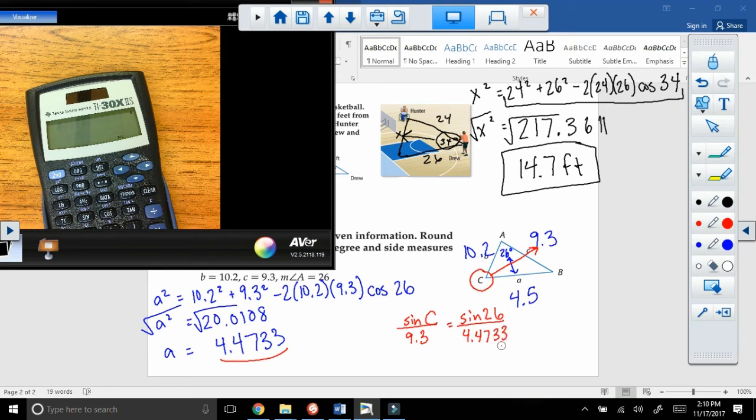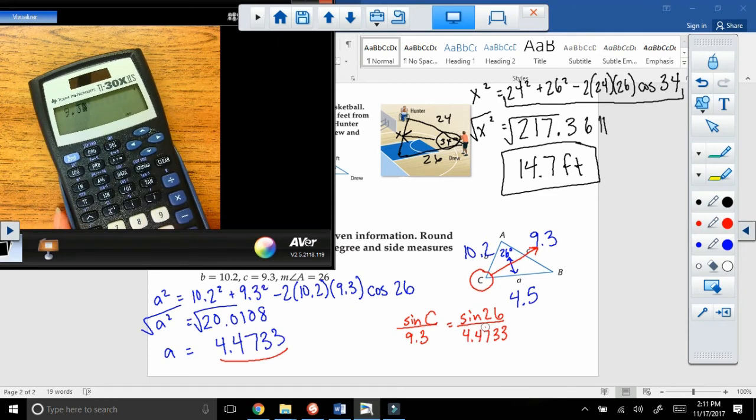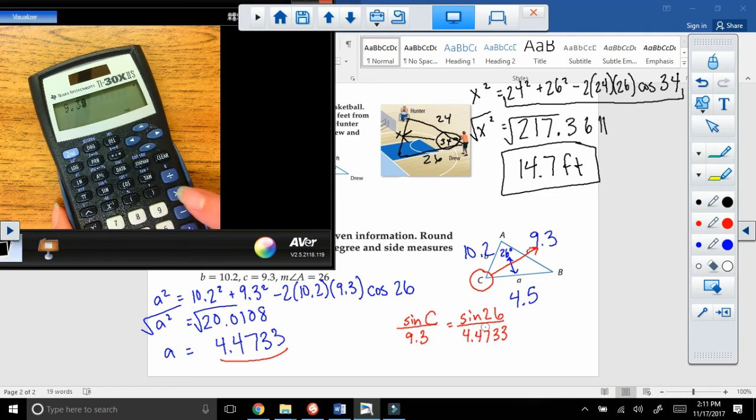So when I set this one up, I can cross multiply. So I'm going to type in 9.3 times the sine of 26. I'm going to end up dividing by 4.4733. And this number is what the sine of C is.